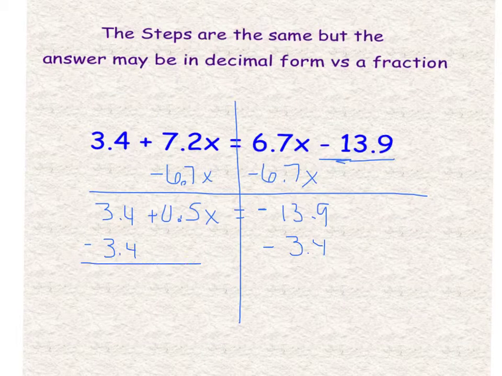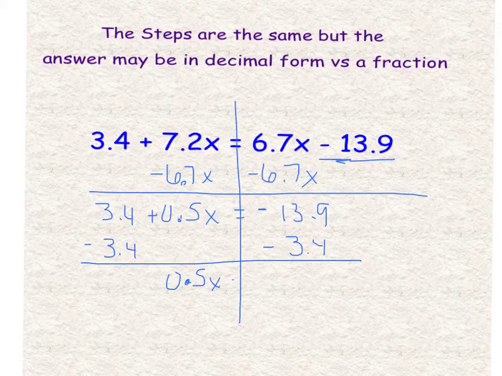And many of you are still making the mistake of ignoring your integers. So now I have 0.5x on this side. You can't just subtract down to make this 10.5 because this is negative. So really it is negative 13.9 minus 3.4. In a perfect world, you can do that in your head. If not, you certainly can use a calculator.